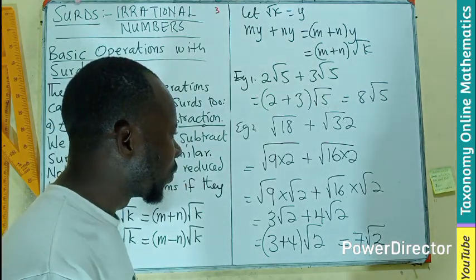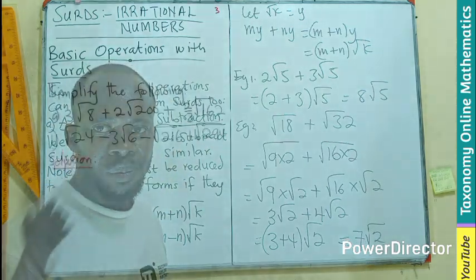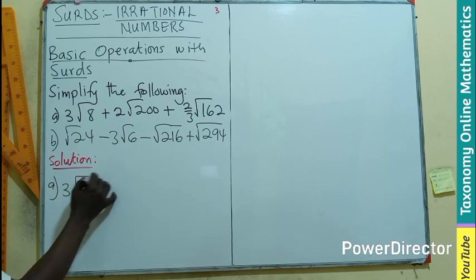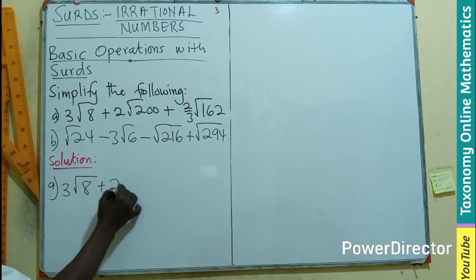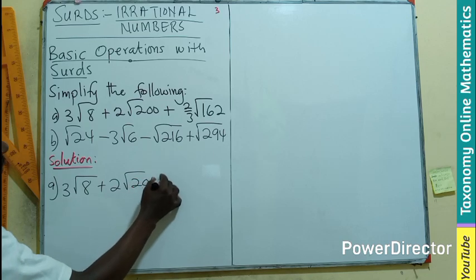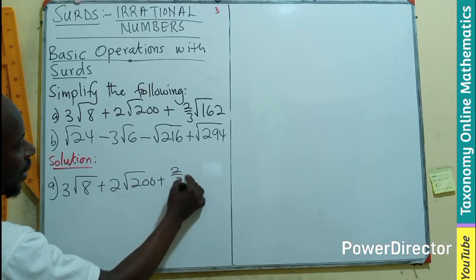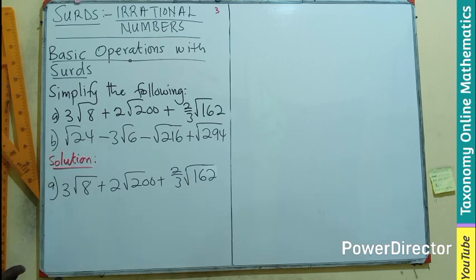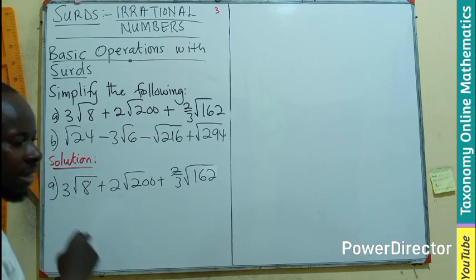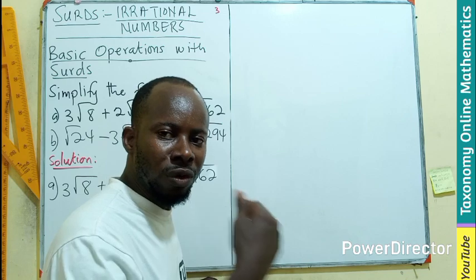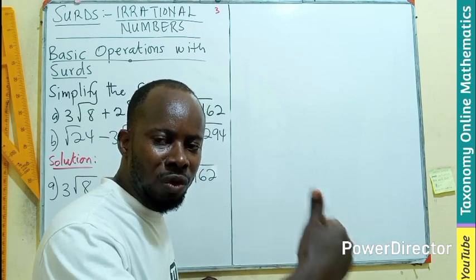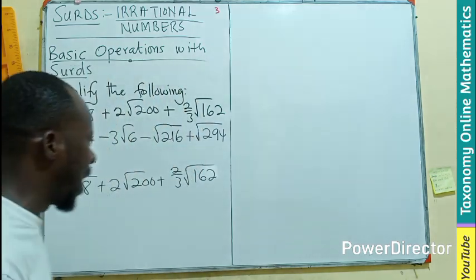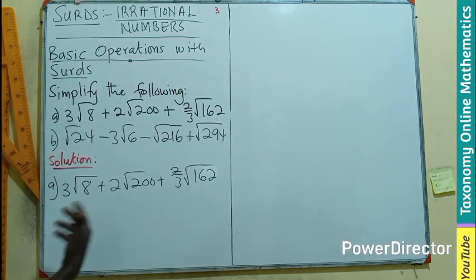Let's pick more examples to buttress the point. Okay, so let's look at the first one: 3 root 8 plus 2 root 200 plus 2 thirds root of 162. Alright, so what do we do? Remember, as the episode continues, you get to know how we are simplifying the terms. You can vary some of the methods along the way.